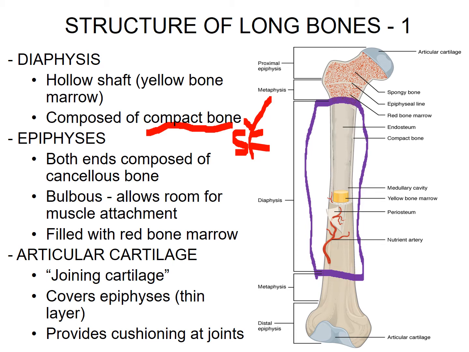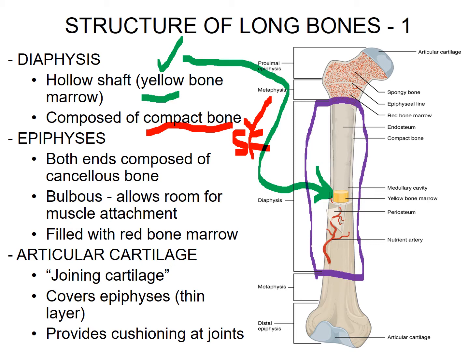If you're a kid, you're going to have something called red bone marrow. And if you're an adult, we're going to have something called yellow bone marrow. So if you follow my green arrow inside of this bone, you can see that there's yellow tissue that's trying to resemble yellow bone marrow. So we're looking at an adult bone here. And we'll talk about the differences between red and yellow bone marrow later on in the chapter.